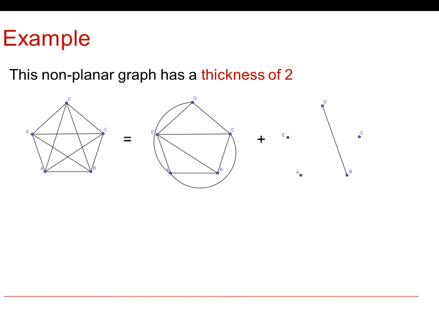We just needed that last extra edge that we couldn't add without creating crossings, seen here as BD. Obviously, there is more than one way to layer this particular graph into two planar graphs. And we can see that the minimum number of layers required is related to the thickness.